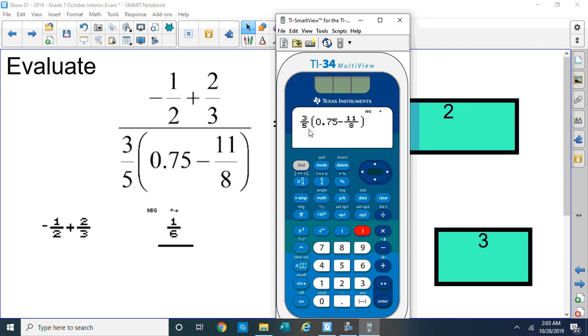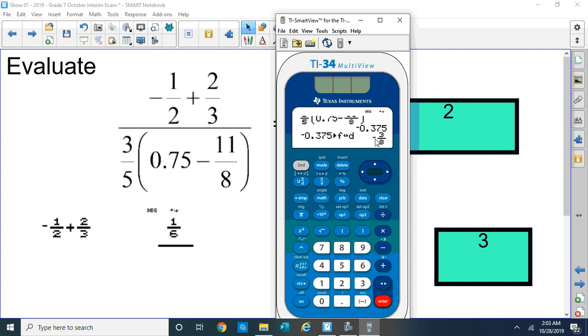So I typed in this whole bottom thing, and this calculator will give us what it really is equal to. It equals negative 0.7375. So let's change that by pressing second, our fraction bar button, which changes decimals to fractions, just to see what that fraction is.